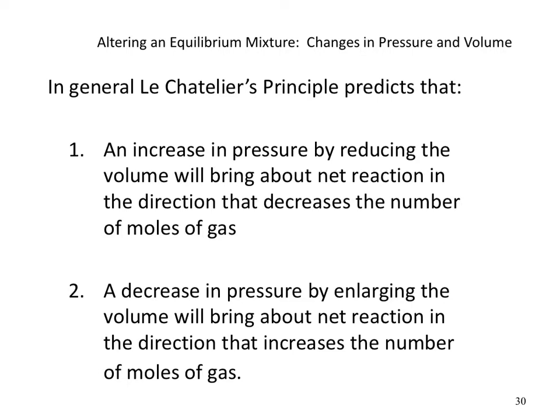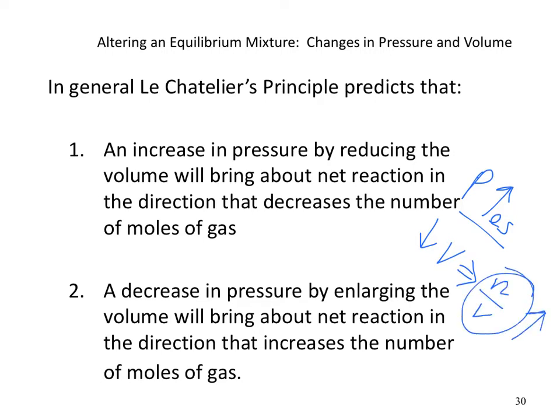If pressure increases, you are decreasing the volume. So what that means is that the number of moles per unit volume is going to increase. That's why we would see more and more collisions, and hopefully the formation of the product.